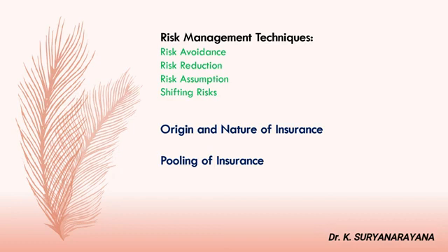The other party, called the insured, pays in exchange a fixed sum known as premium. The insurer and the insured are also known as assurer, underwriter, or assured respectively. The document which embodies the contract is known as the policy.